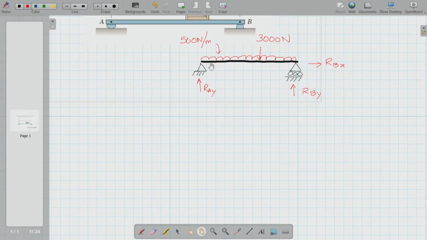If I have to calculate the total, the weight of the beam is going to be 500 into 3.6. As shown in the figure, this distance is 2.4. This is another 1.2.